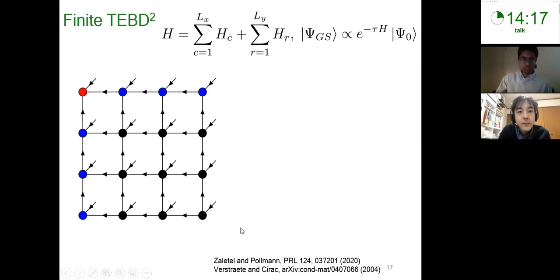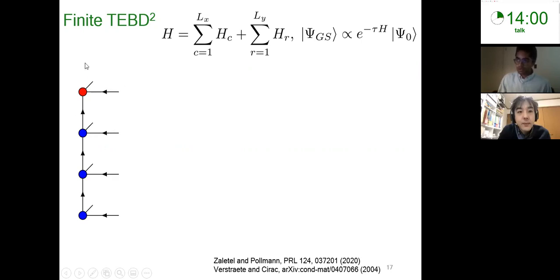To begin, we want to consider our ISO-TNS ansatz in the finite case shown here, with the orthogonality center in the top left. So our plus-shaped orthogonality column, or orthogonality hypersurface, is the leftmost column and the topmost row. The first thing that we do, when considering just this column, is perform one-dimensional TEBD just on the column.